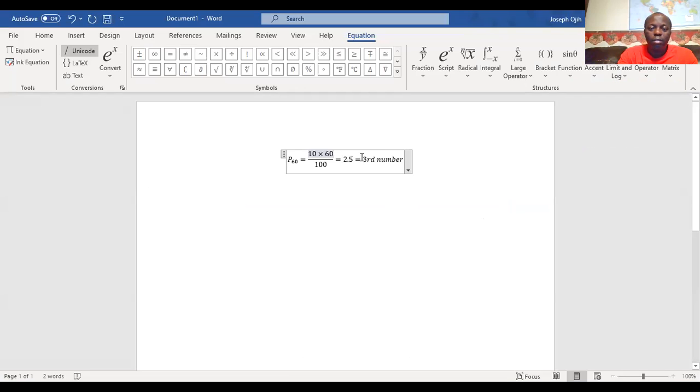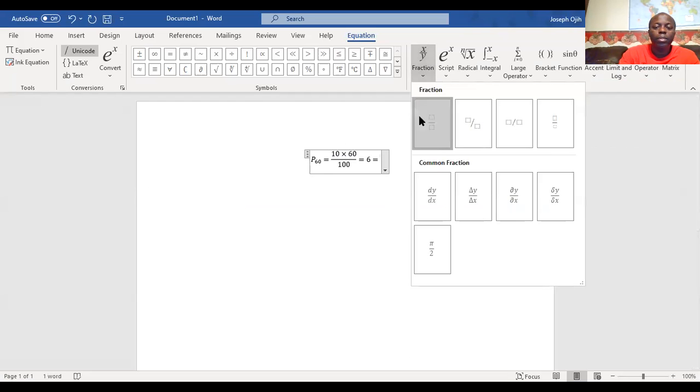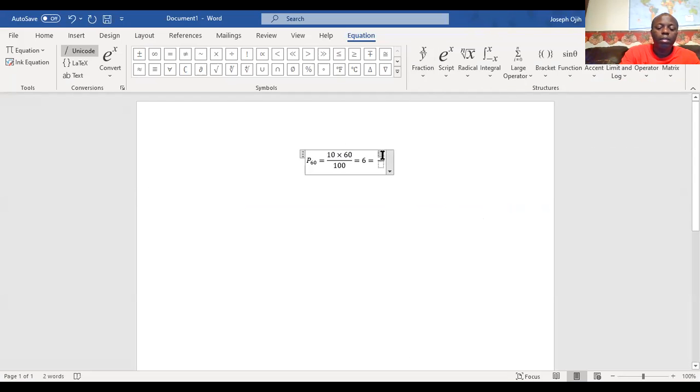I'm going to clean these parts. A 6, which means that our percentile is the 6th number plus the 7th number divided by 2.